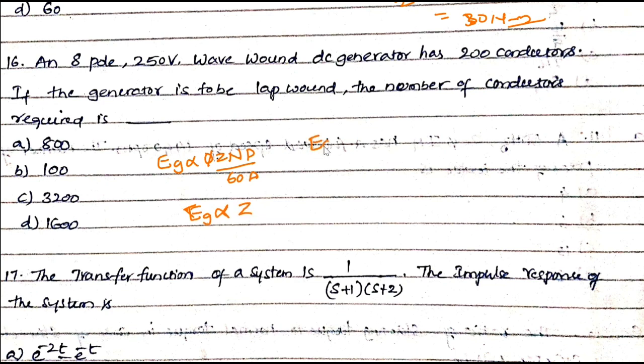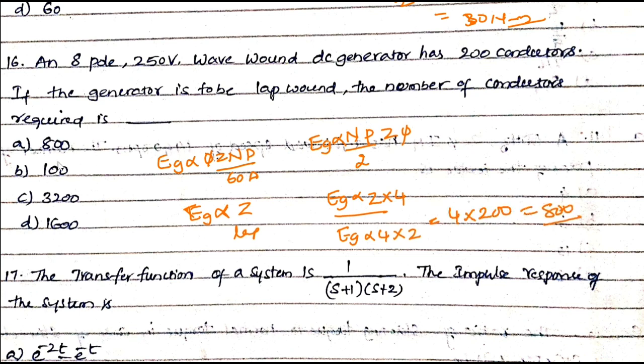But in a wave connected winding, A is 2, so Eg is proportional to Z times P by 2. With 8 poles, that means 8 by 2, which is 4. So the second case needs 4 times the conductors. How many conductors are there? 200. So 4 into 200 is 800 conductors required here. So the answer will be A.